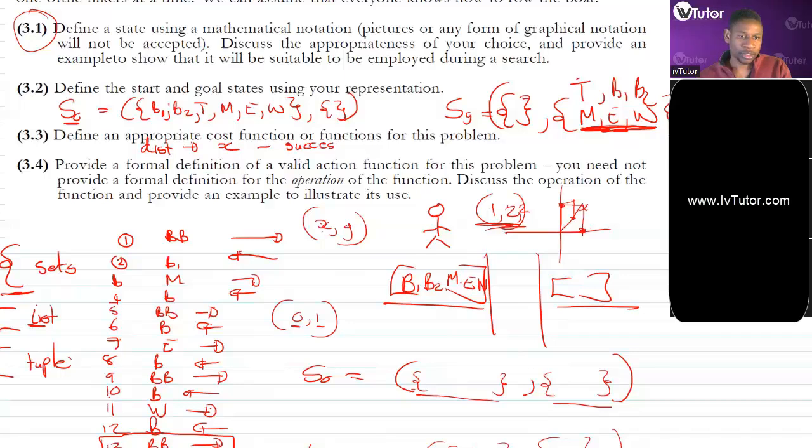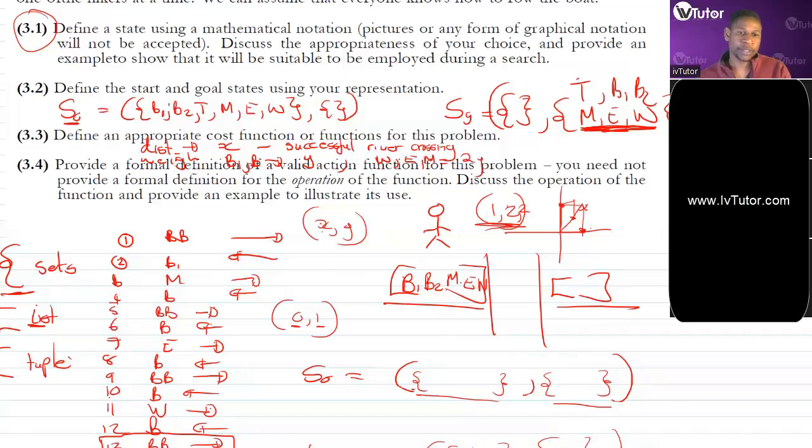Then we give the weight: B1, B2 is equal to Y, and then W, E, M will be equal to 2Y.